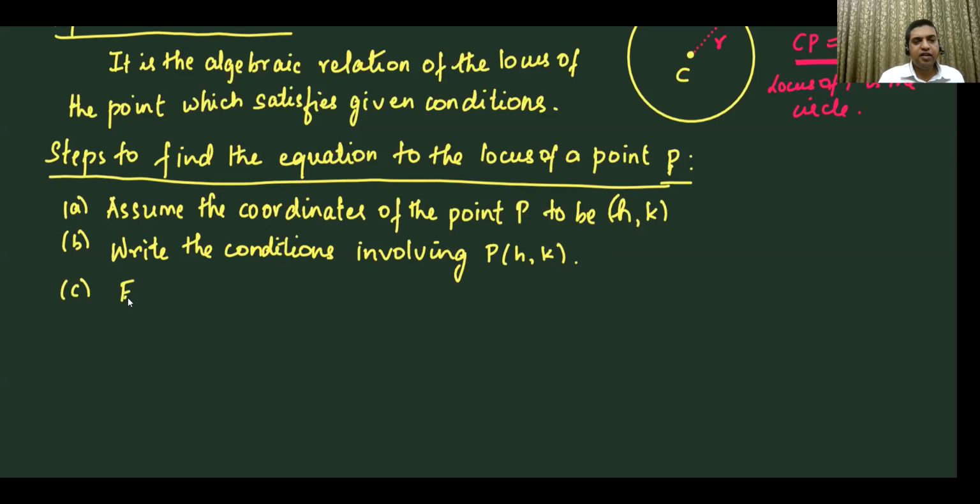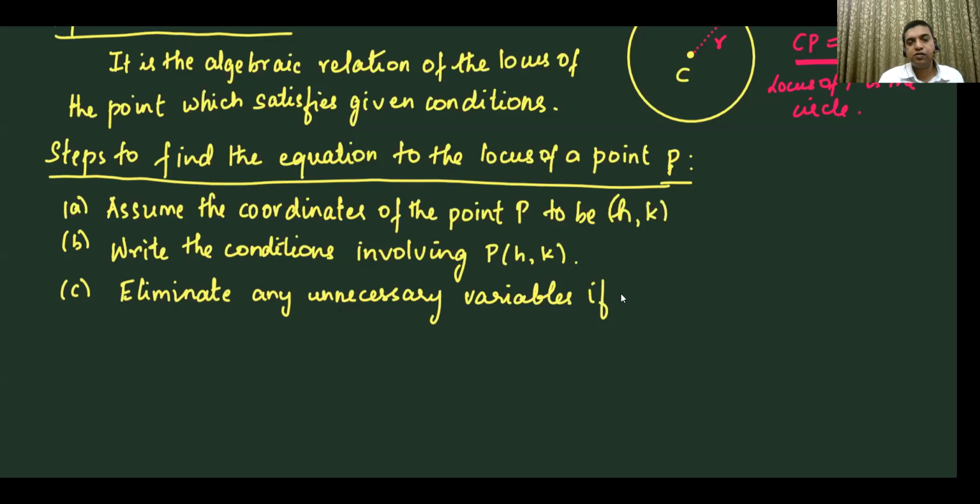Now eliminate any unnecessary variables, if any. So you will get one relation. Then finally replace h by x and k by y.